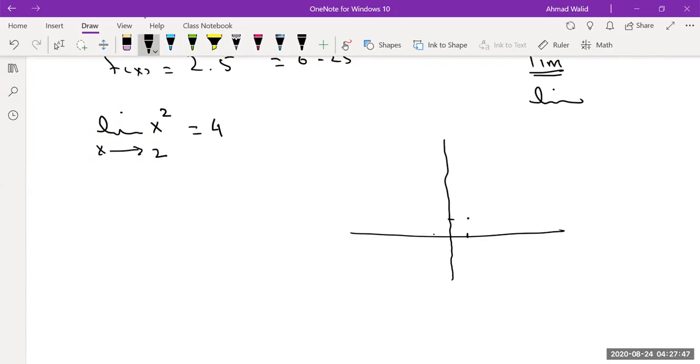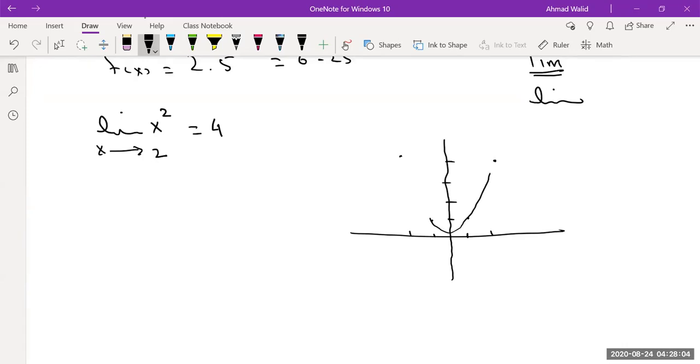1, 1, negative 1, 1, because I want to graph y equals x squared. 2 and 4, and negative 2 and 4. The graph is actually a parabola, right?